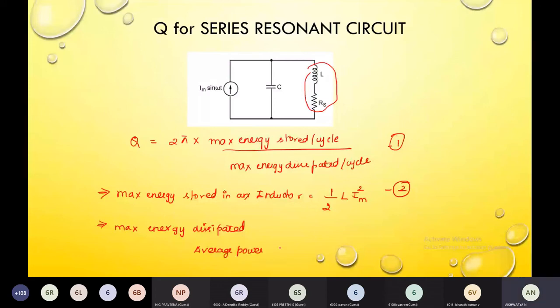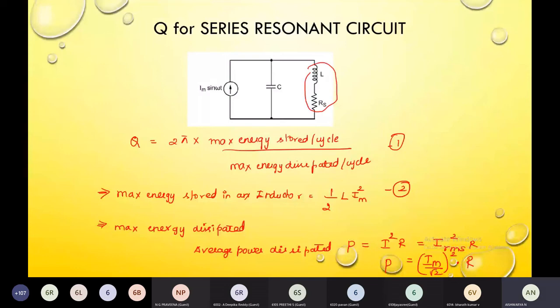P equals I square R, where I is your IRMS, so it is IRMS square R. In terms of Im or Imax, it is Im by root 2 whole square into R. Therefore, your average power dissipated P equals Im square R by 2.